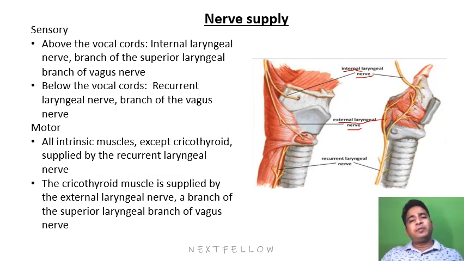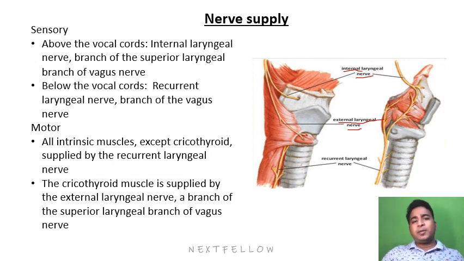If we talk about the glottis or subglottis, the recurrent laryngeal nerve is the main supply to the rest of the larynx.